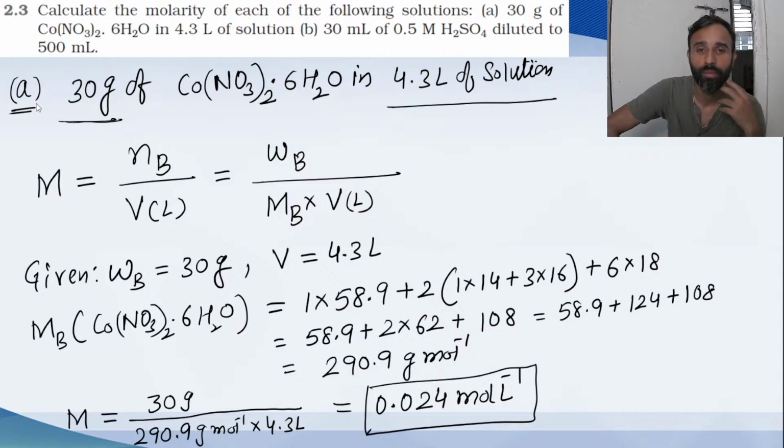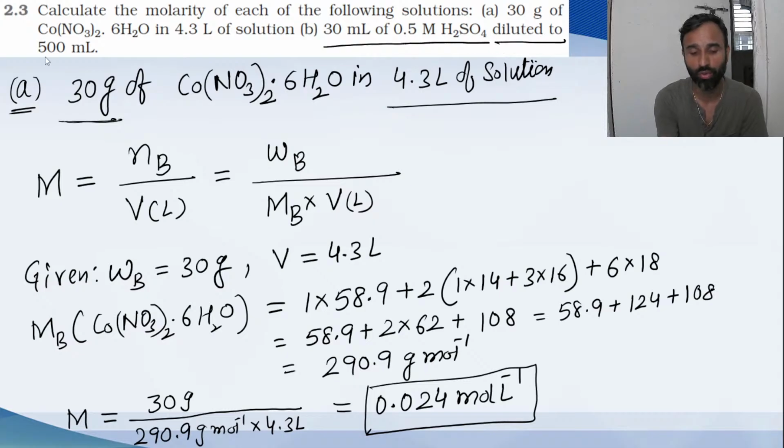Next question is 30 ml of 0.5 molar H2SO4 diluted to 500 ml. See, 30 ml of 0.5 molar H2SO4 is diluted to 500 ml.